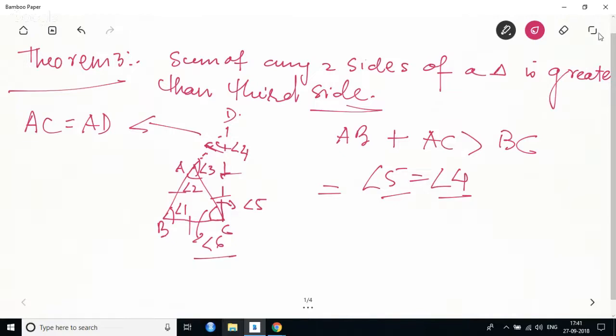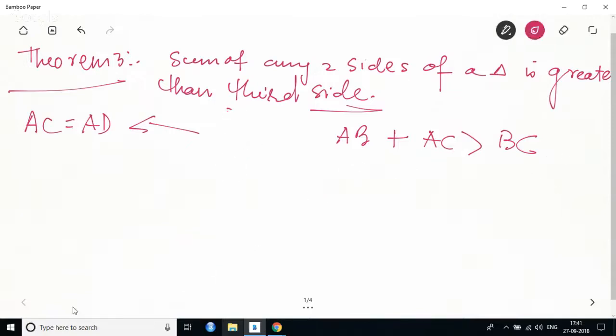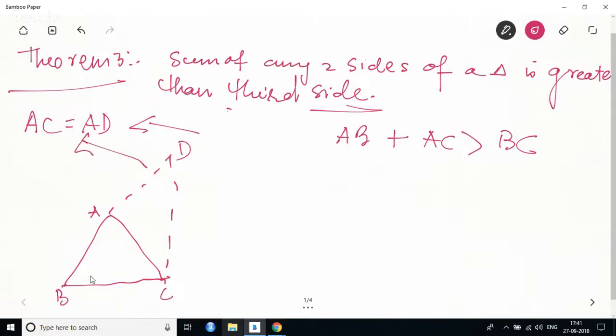Now, okay, guys, let me just make a bigger diagram for you so that you can understand it properly. A little bit of bigger diagram here will help our cause. So this is A, this is B, this is C, this is D. I've already written here AC is equal to AD.